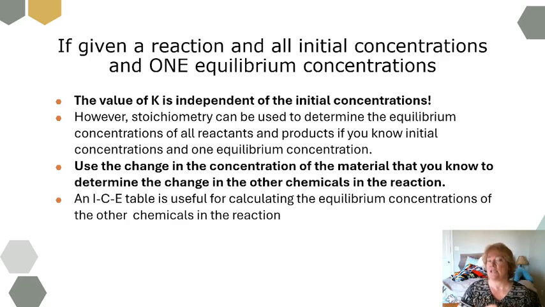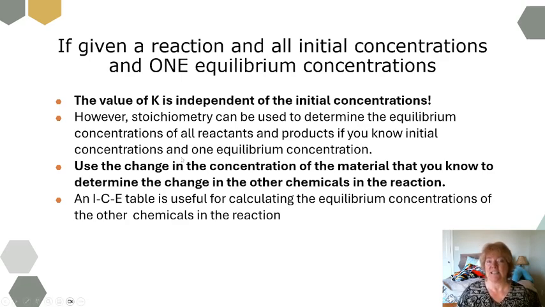But I can use stoichiometry: if I made this much product, I can figure out how much all of them had to have changed. And from the change in concentration of the material for which we know both the initial and equilibrium values, I can determine the change in all the other chemicals in the reaction. Thus I can find all the equilibrium concentrations, and then I can use the K expression, plug them in to get the actual K value.